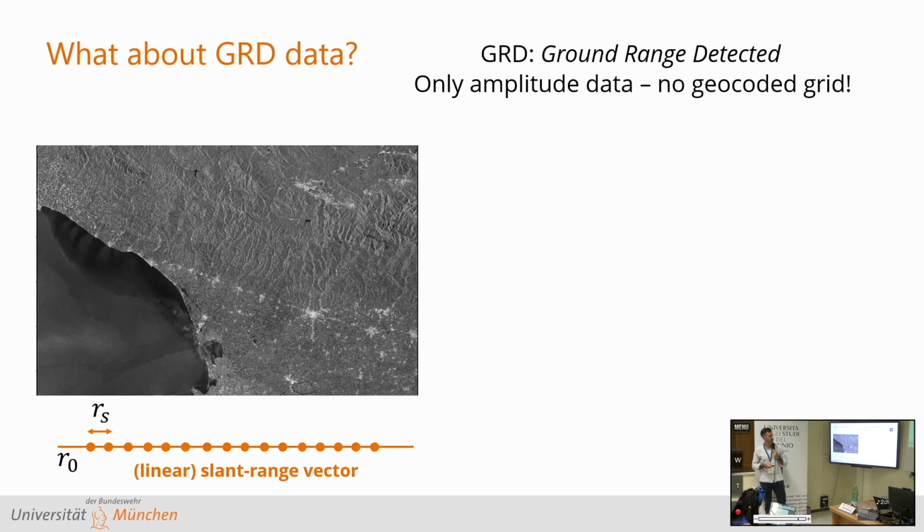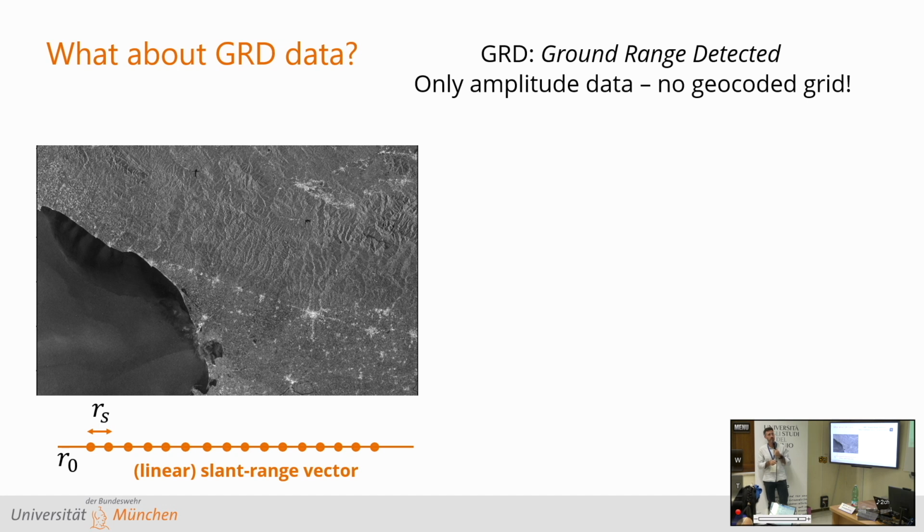So I was mentioning the data you download from Google Earth Engine. For simplicity, you say, wait, we download single look complex, but I have the option of downloading GRD data, which some of you already know. It's basically ground range detected. Plenty of you have also already experienced using them.